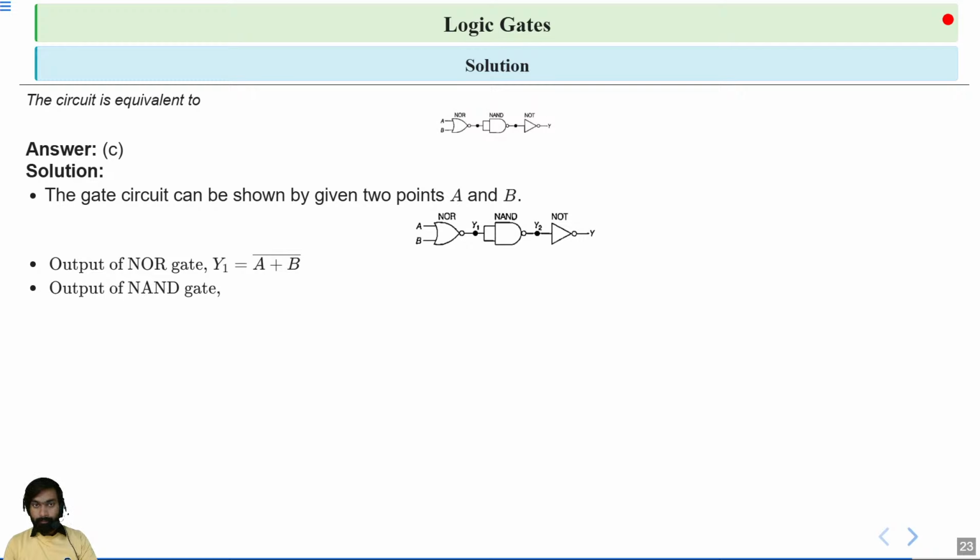So the output of the NAND gate. The NAND gate takes two inputs. Here both its inputs are connected to the same signal Y1, the output of the NOR gate. NAND does an AND operation of these inputs and then inverts the result. Since both inputs are the same, Y1 and Y1, the AND of Y1 and Y1 is just Y1 itself. So Y1 dot Y1 complement is equal to what?